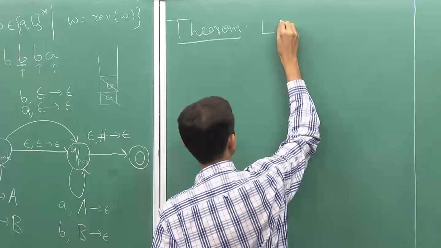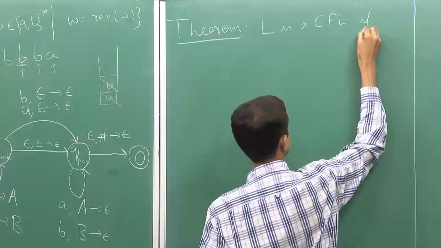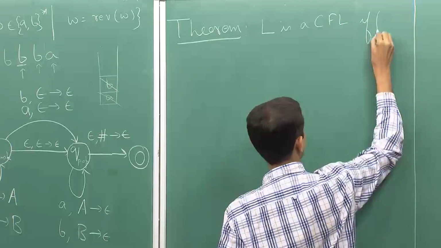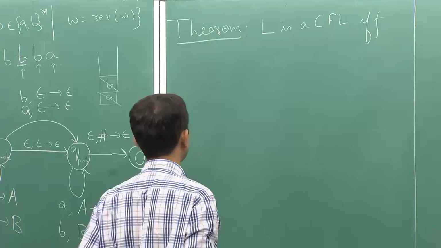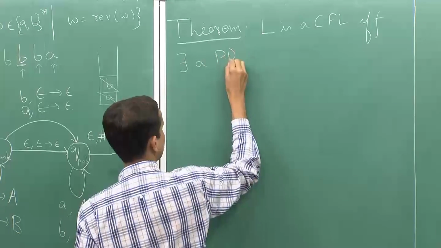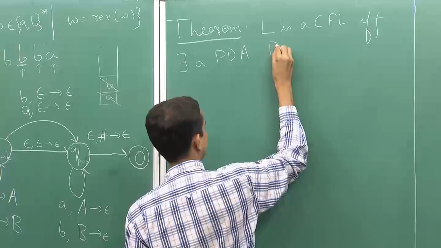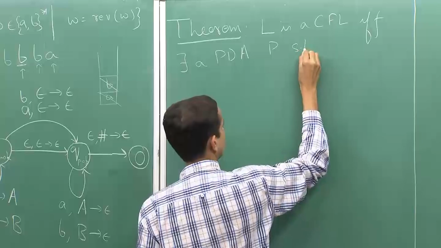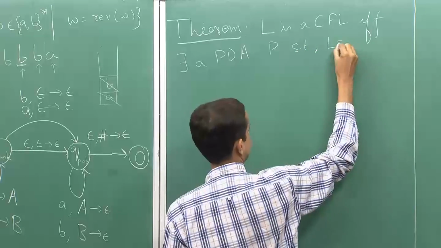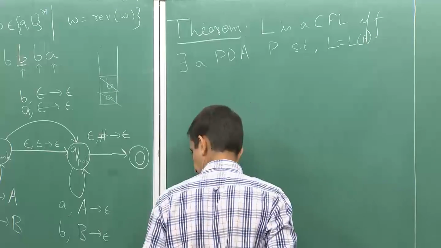L is a context free language if and only if there exists a pushdown automaton P such that L equals L of P.